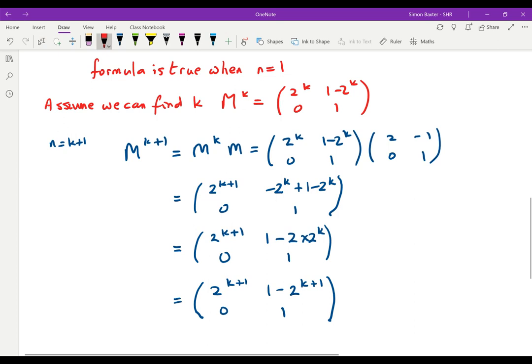So now we can conclude that the formula is true when n equals k plus 1.